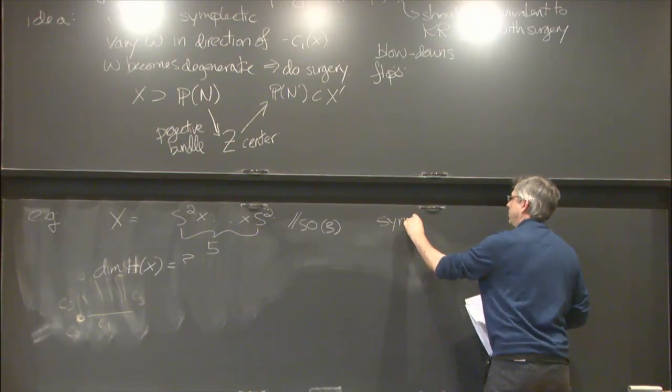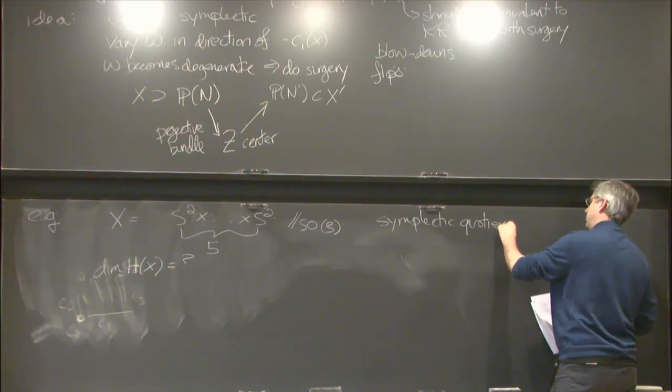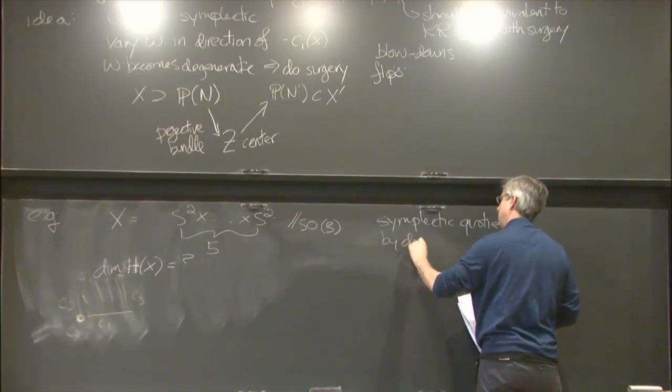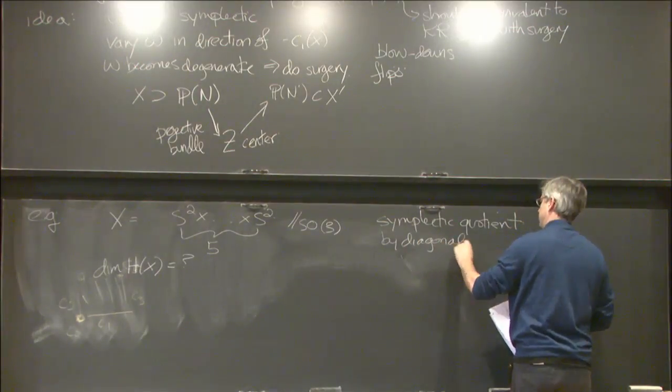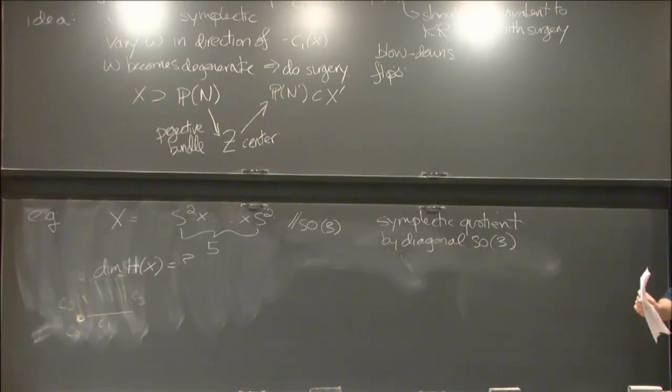So here I mean the symplectic quotient, by the diagonal SO3 action. Does anyone know the answer to this? It's not quite as easy as the toric case, right? Because there's no obvious Morse function to take.